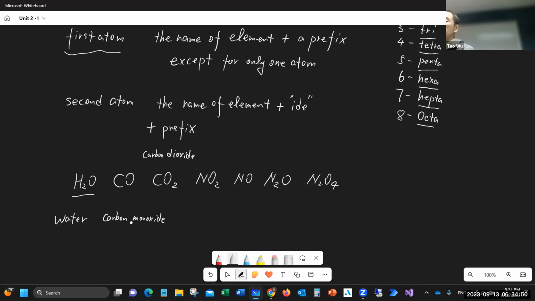And this one is nitrogen dioxide. Based on the rule, go ahead and name the rest of the three.